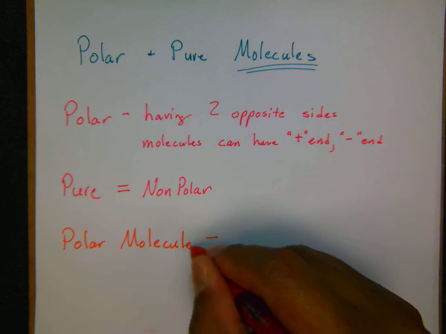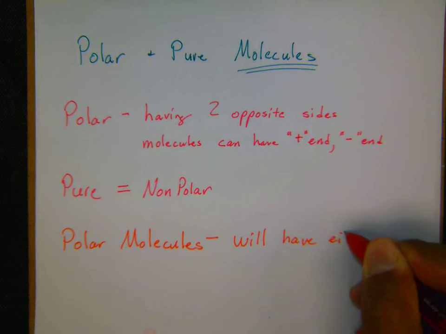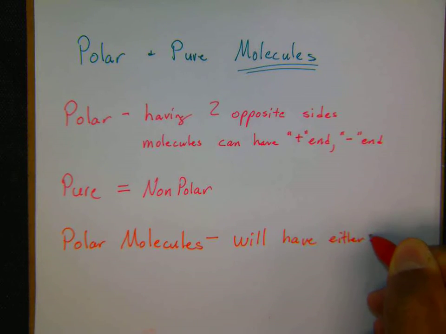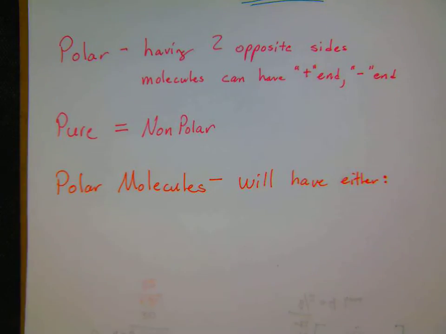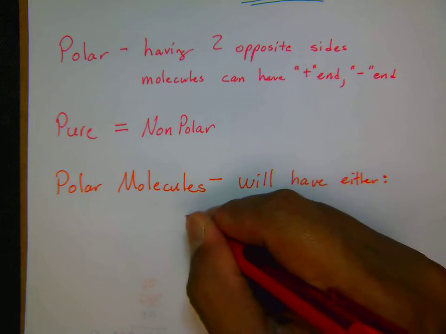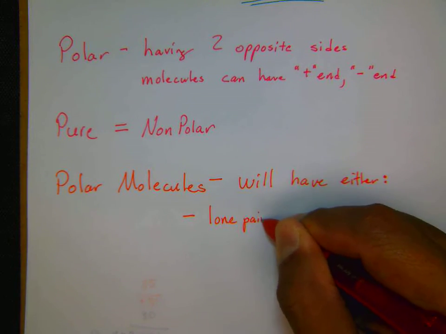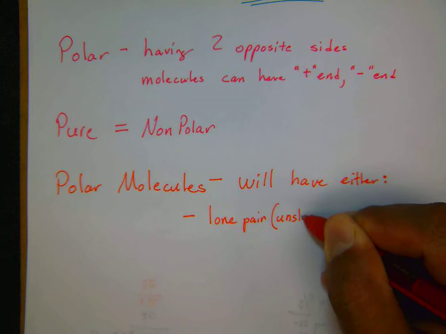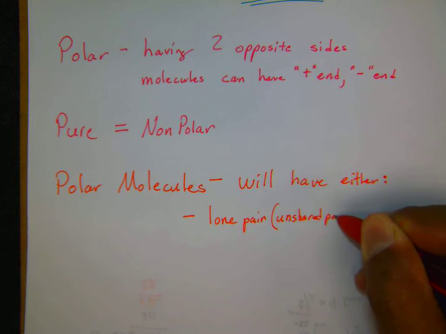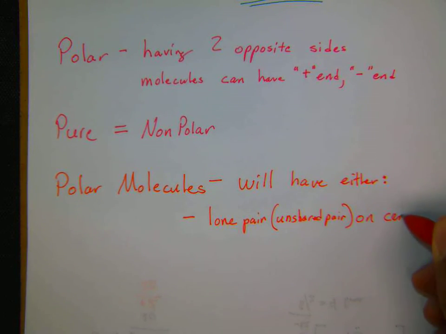So polar molecules will have either a lone pair, otherwise known as an unshared pair, on the central atom.